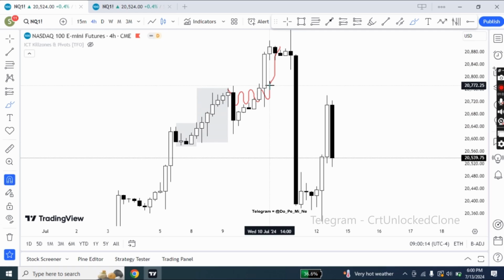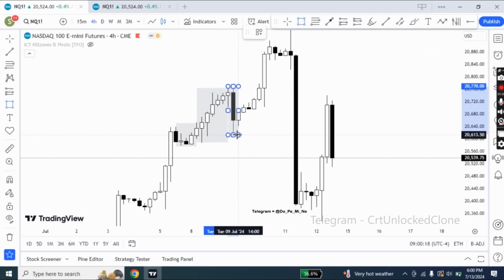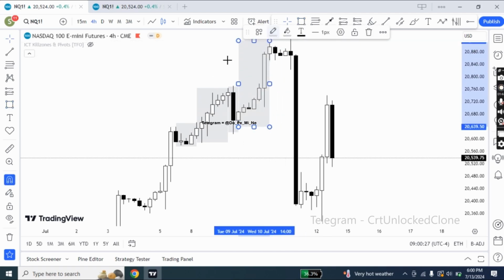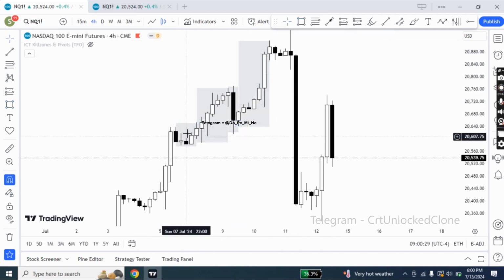In this case we got this retracement profile, and with this retracement profile we tested this key level right here, and then we expanded higher again. So we started off with the ranging profile, an expansion, a retracement, and then another expansion.